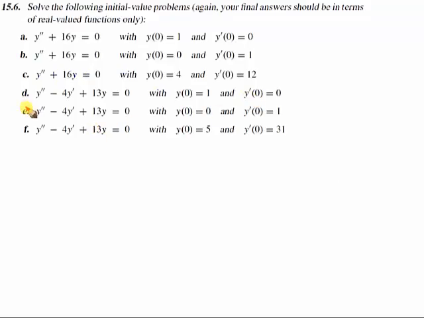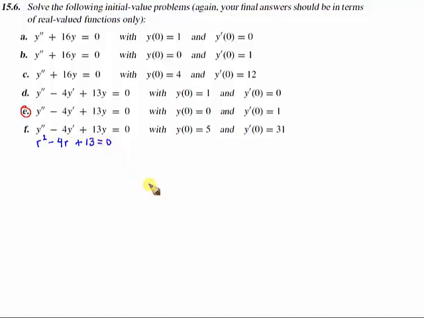And finally, let's take a look at 15(6e), where the characteristic equation would be r squared minus 4r plus 13 equals 0.